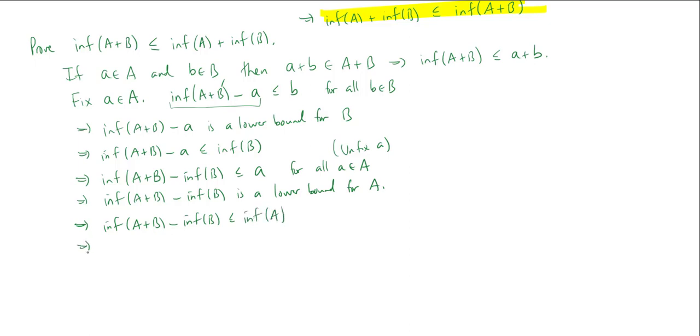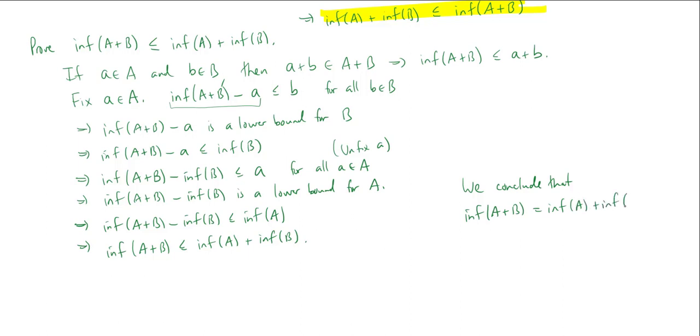And now adding the infimum back to the right, we get that the infimum of the sum is less than or equal to the sum of the infima. And that's what we wanted to prove in the second part. And so the combination of these two parts allows us to conclude that the infimum of the sum of A and B is actually equal to the sum of the infima.